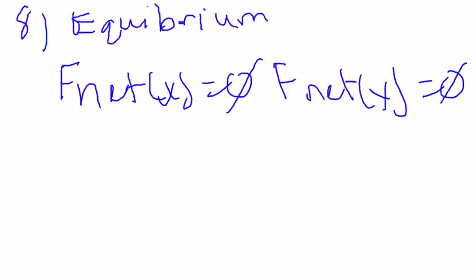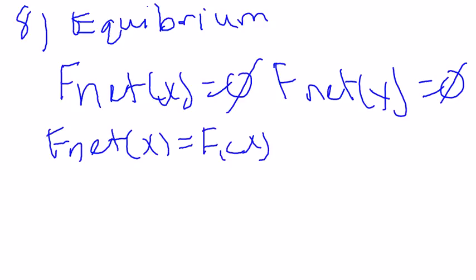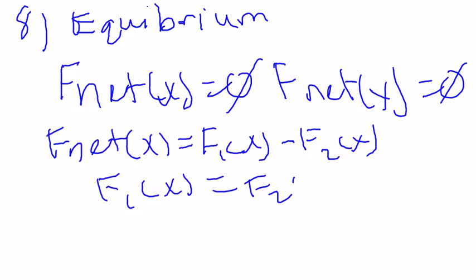The next step is F net of x equals F1 of x minus F2 of x, because we're trying to find the right side with the angle of 32 degrees and the 710 newtons, since that's the side we can find first, and then we can solve for the other side. Then we add F2 of x to the other side, and it comes out to F1x equals F2x, pretty much.